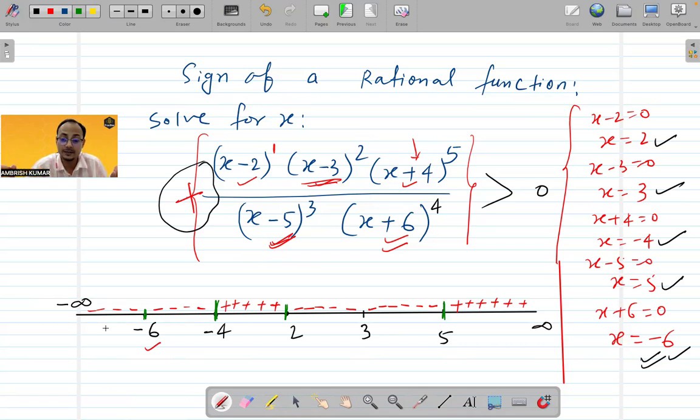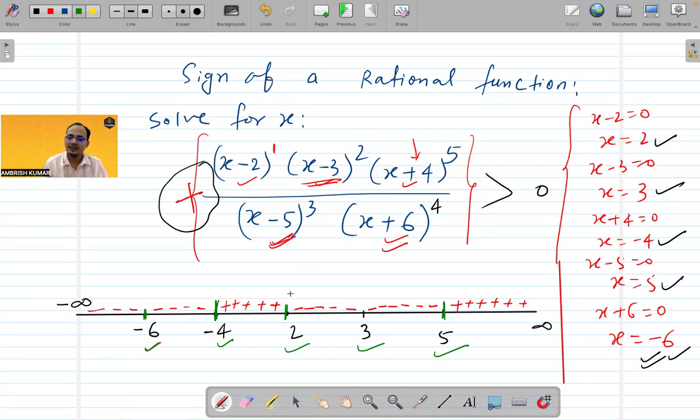Now, we are having two important things here. We have to see where we have to include the number and where we have to exclude the number. Which numbers? These numbers: negative 6, negative 4, 2, 3, 5. And you will be getting more clarity when we actually solve the questions.